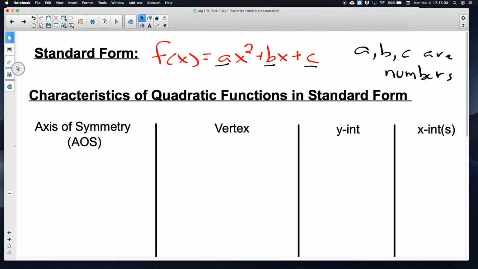So we talked about these key characteristics of a parabola, and now we're going to figure out how I can find those algebraically. They're all going to involve these a, b, and c's. So the axis of symmetry is that vertical line through the vertex.